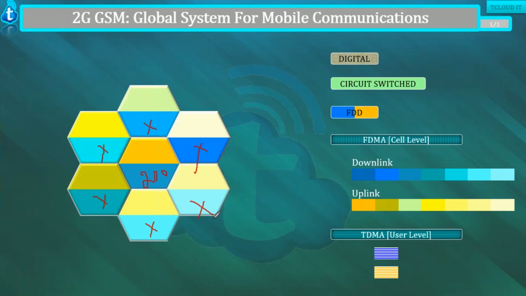That is downlink. Now, the operator should have another 1.4 megahertz frequency for uplink. Even that uplink frequency would get divided into seven parts. So you have one here, another one here, and another one here. So if you take any cell, you have 200 kilohertz downlink available and 200 kilohertz uplink available.